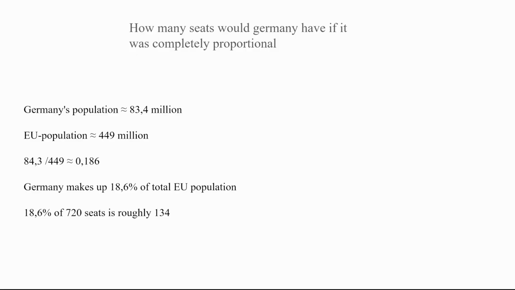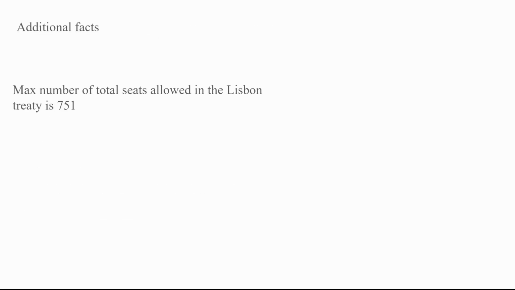But yeah, finally, before I finish this video, I have some additional facts. Well, really it is the one additional fact, and that is that the max number of seats allowed in the Lisbon Treaty is 751, but right now, as I said, we only have 720 seats, and that is because after Brexit, when the UK left, they divvied up some of the UK seats, but some of them they kept empty.